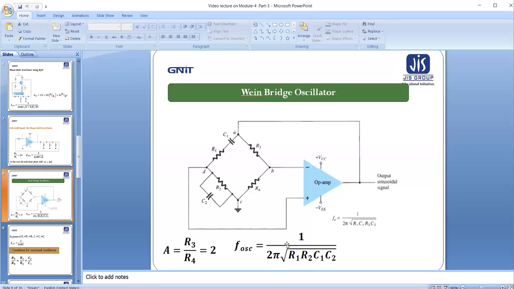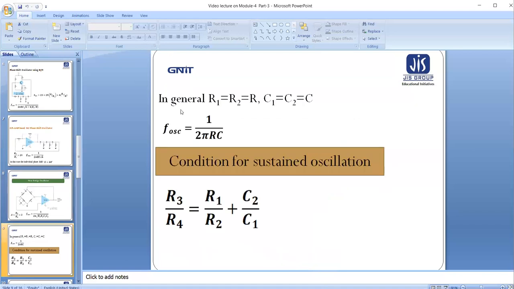Now for simplicity, R1 equals R2 equals R and C1 equals C2 equals C. Therefore the frequency of oscillation is equal to 1 by 2 pi RC, and the condition for sustained oscillation is R3 by R4 equals R1 by R2 plus C2 by C1.